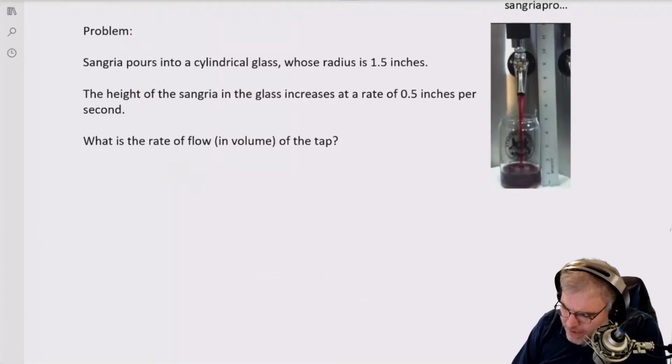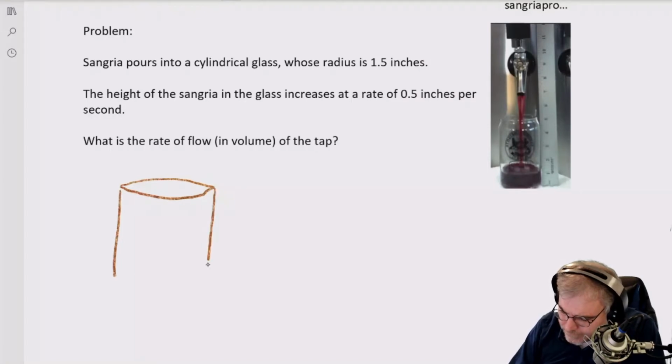So what's going on here? There's sangria, there's fluid pouring in. I've got some kind of a cylinder, which is the glass. I know that the radius of this glass is 1.5 inches.